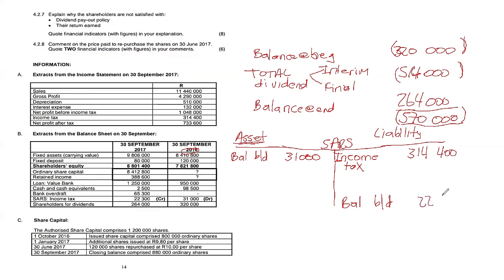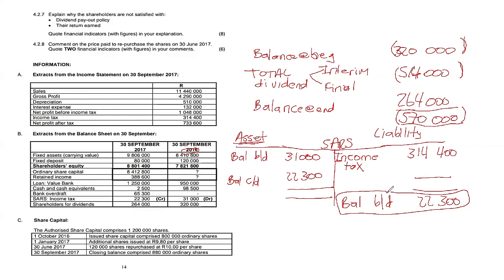So now it's 22,300. Before that balance is brought down, you will first say balance carried down. It's going to be 22,300. Then after your equal sign, you will record on your credit side as balance brought down, which is 22,300.